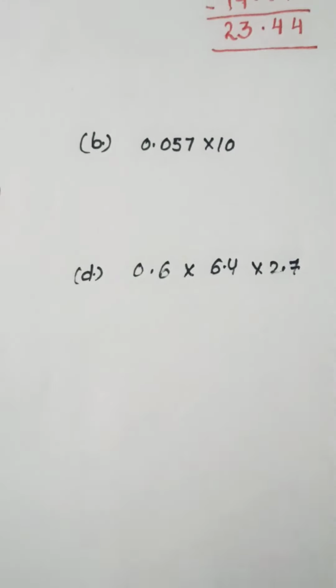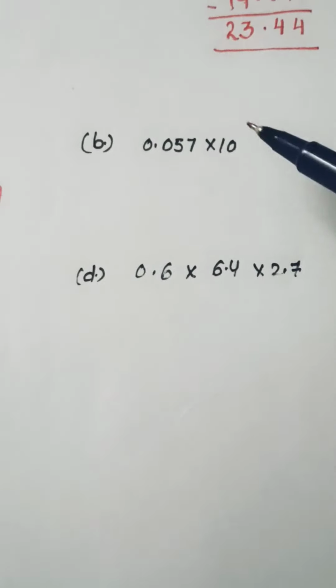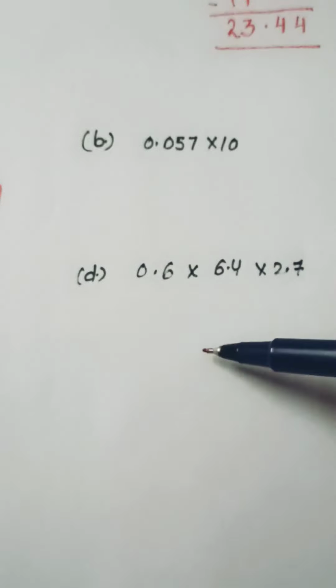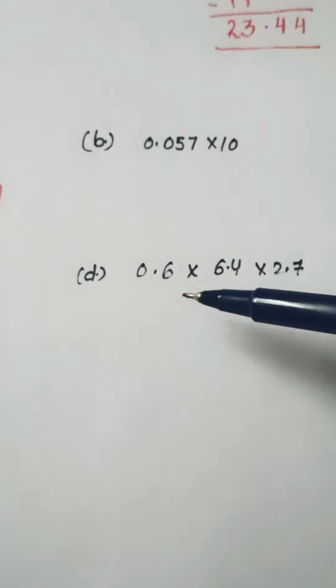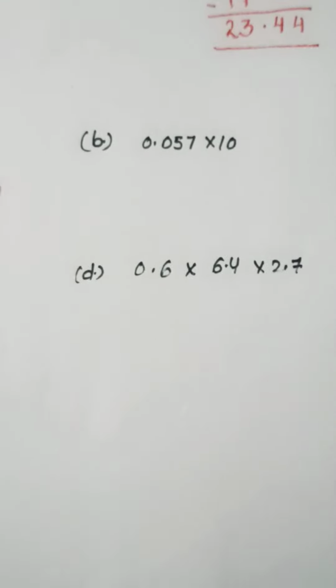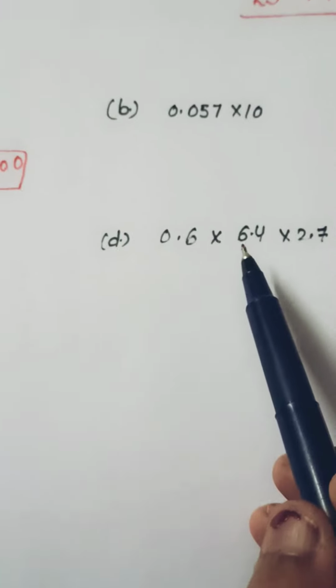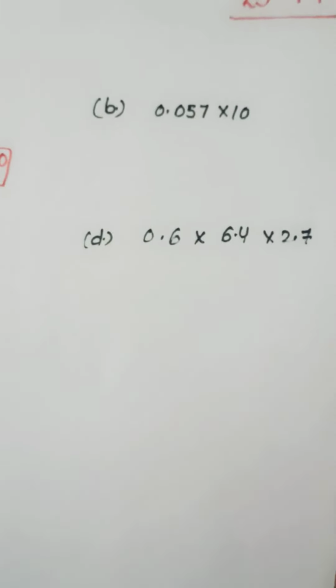Now see students, we have two more parts of this question. This B part you all will try to do by yourself, okay? And this one I am doing just to show you how to multiply three numbers. So in multiplication we cannot multiply three numbers all together, right? So what we need to do, we will multiply two numbers at a time, okay?